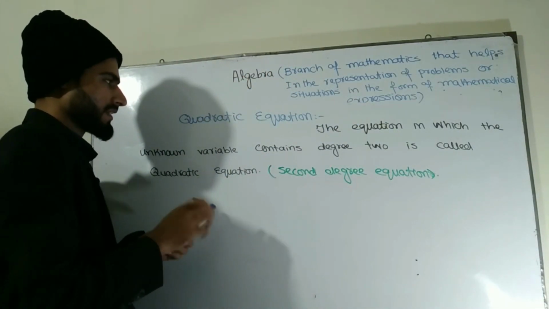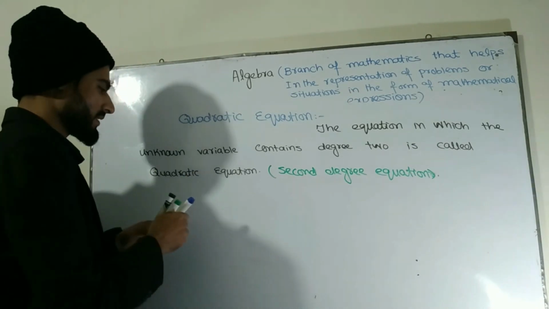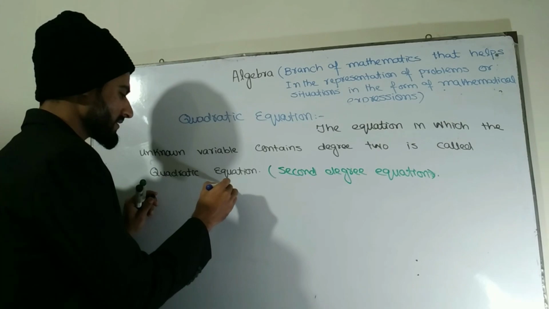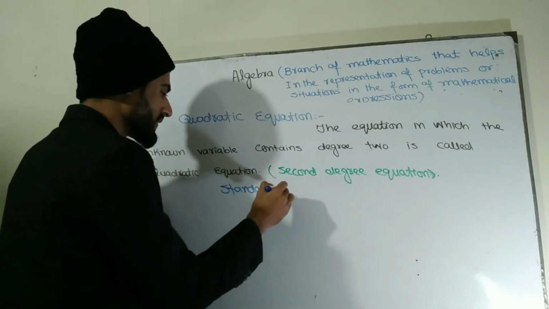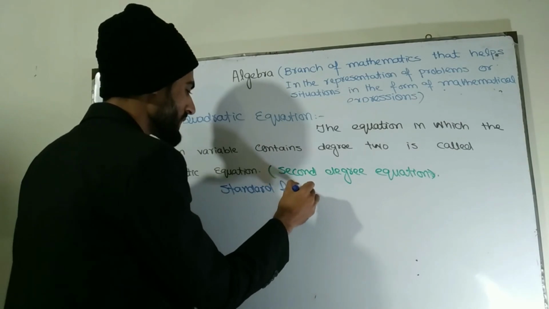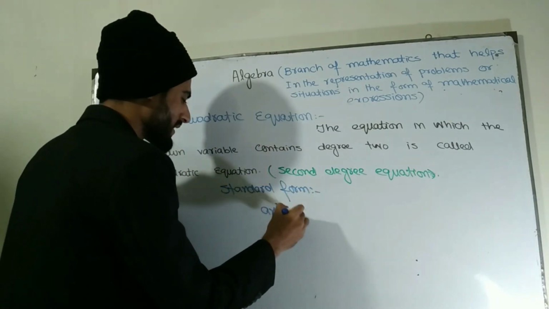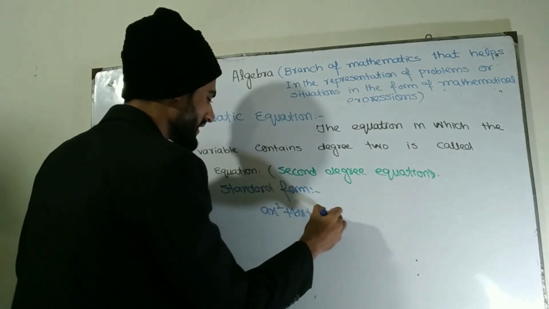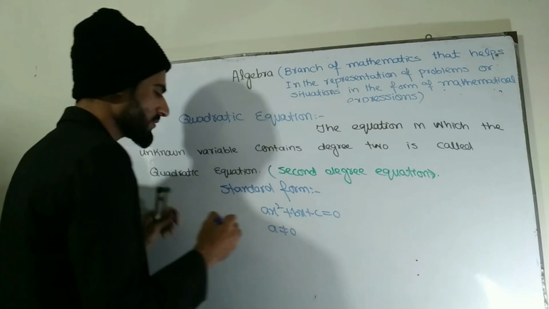Here I am going to describe the standard form of the quadratic equation. The standard form is ax square plus bx plus c is equal to 0, where a doesn't equal 0.